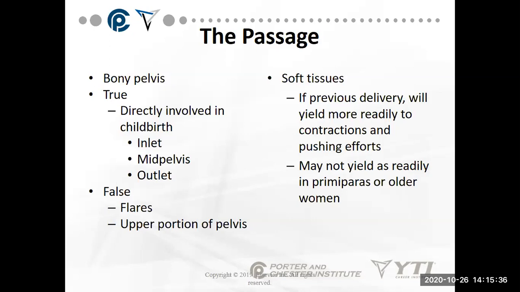So you try to avoid that. The cesarean section is really the way to go with a breech presentation. Plus, after the fetal body is born, the head must be delivered quickly so the fetus can breathe. So that's another reason why.